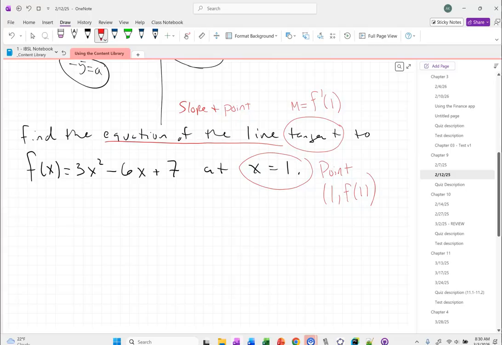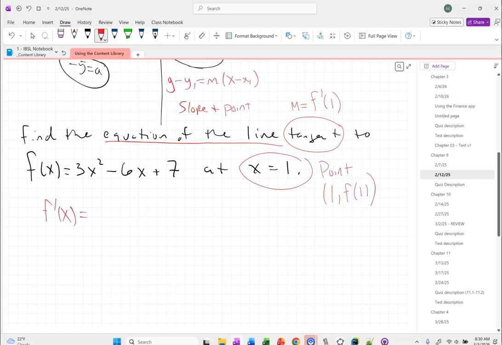And since I'm using slope and a point, I'm going to use my point-slope equation for a line. And that's all I need. Is everybody okay with what parts are going to come from what piece, and how the words tell me what I need? Okay, let's find that tangent first.